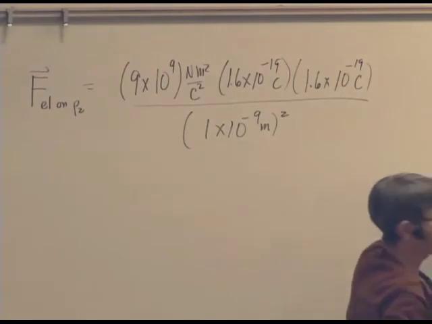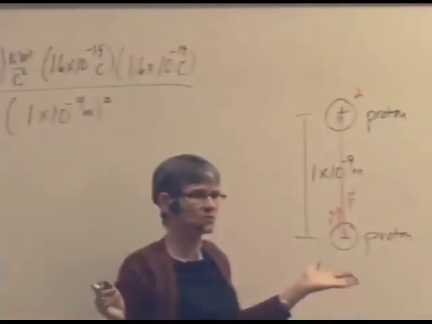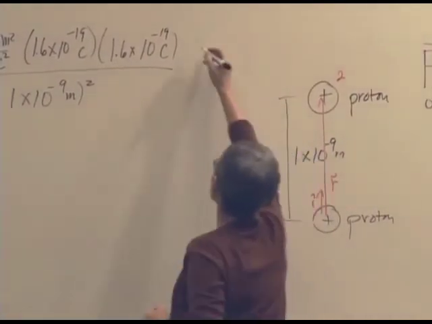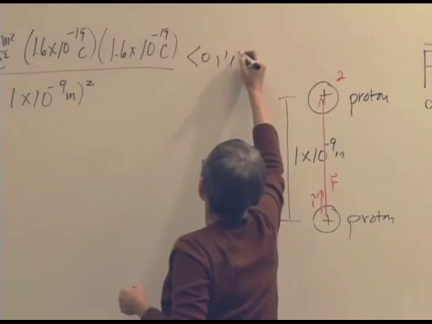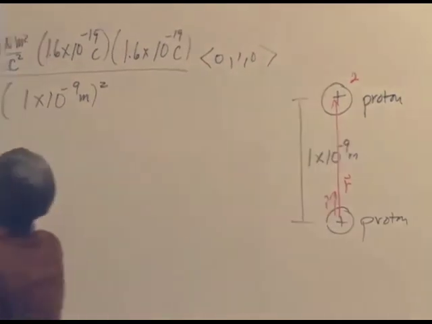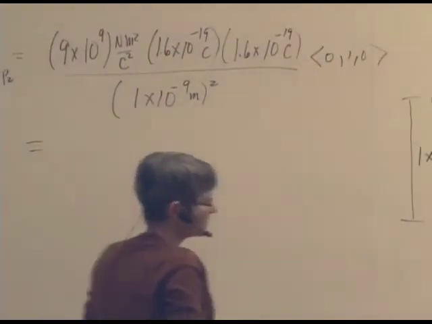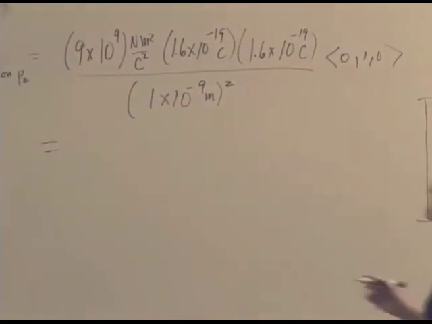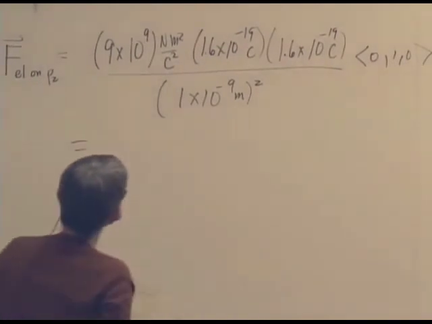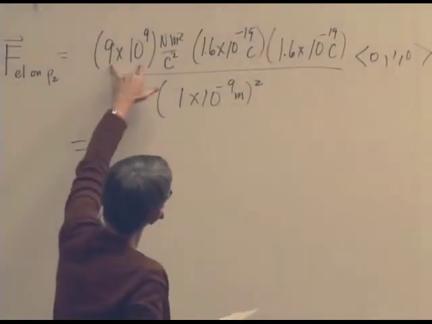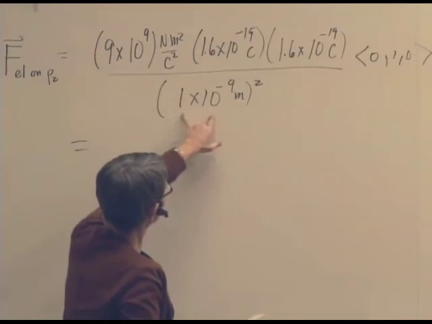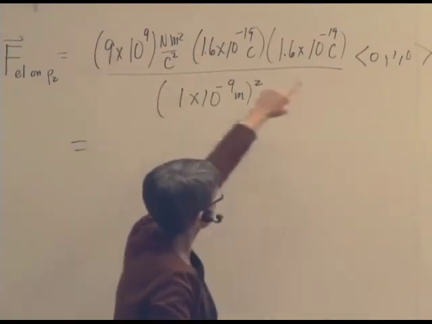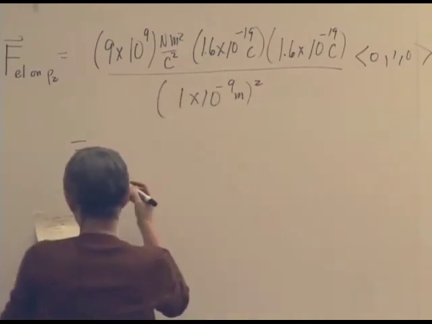And in this case, r hat is the vector by inspection. We can just look at this picture and see what r hat is, right? It's going straight up, so it must be 0, 1, 0. And so if we work this out, this is about 10 to the 10th, and this is going to be 10 to the negative 18th, so we have 10 to the 8th, add a couple 10 to the negative 19ths here.